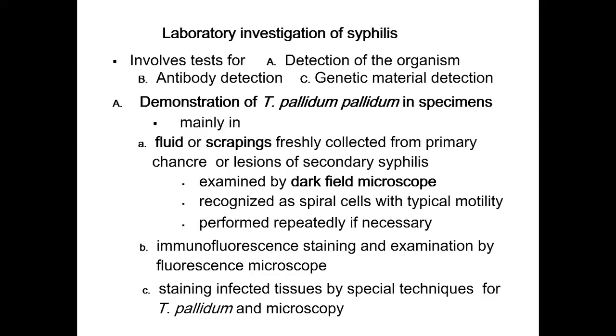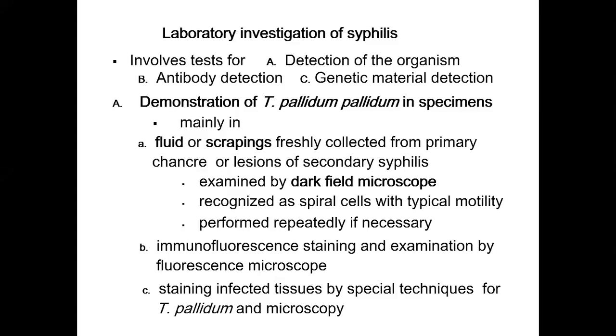So sometimes the test is performed repeatedly, still one might not see the organism. Despite that, one cannot rule out the infection. Failure to see them in fluid or scraping by dark field microscopy does not rule out infection.